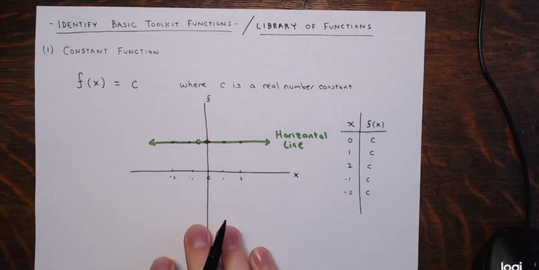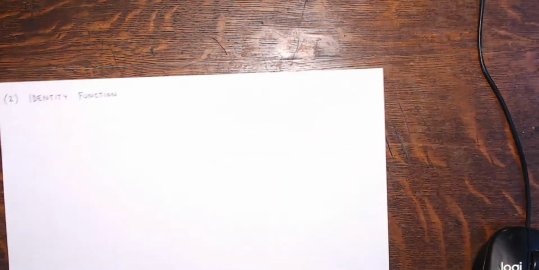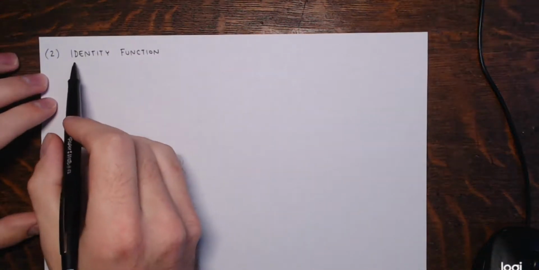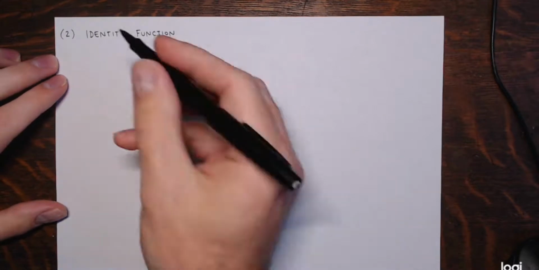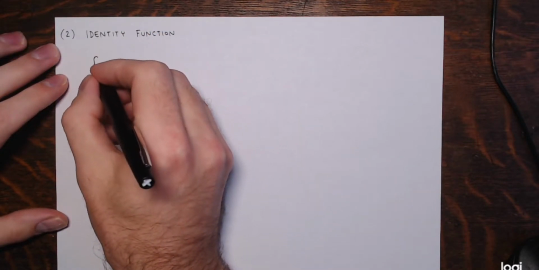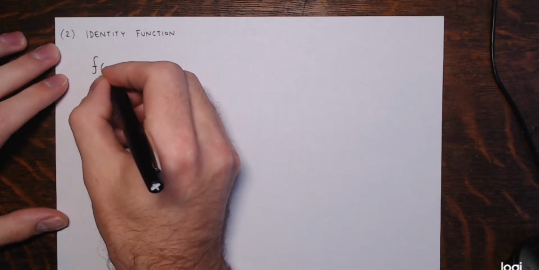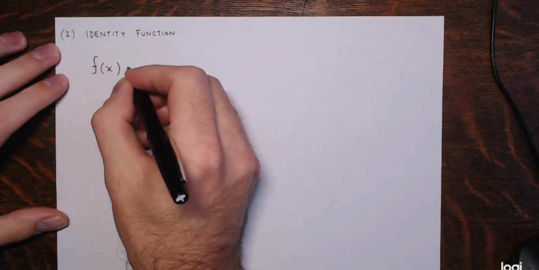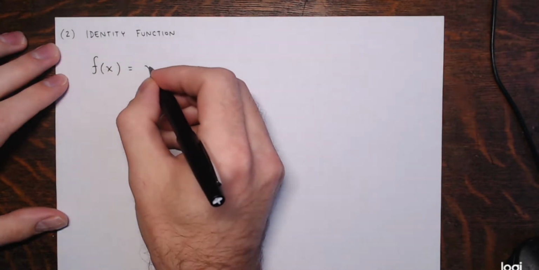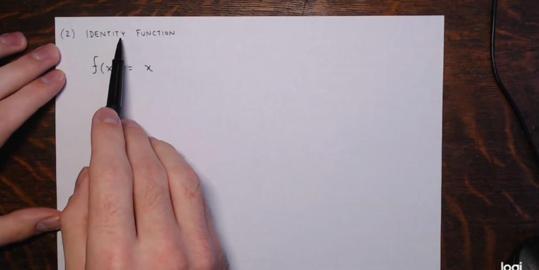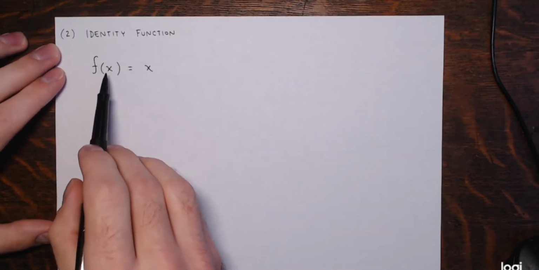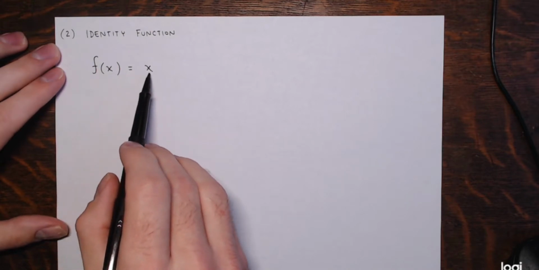All right, the next in this toolkit, this library of functions, the identity function. This is where you have f of x or y equals x. The reason it's called the identity function is my input is exactly the same value as the output.